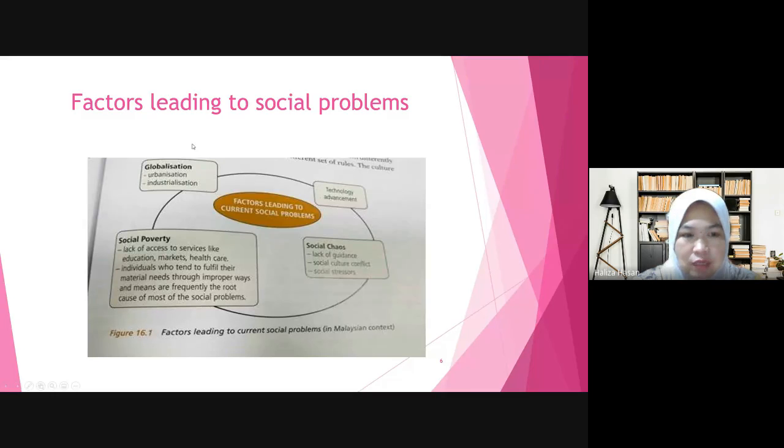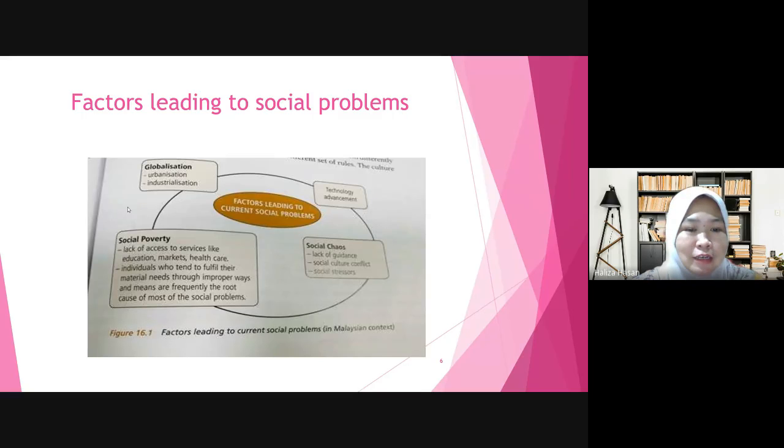So what are the factors leading to social problems? First, globalization, urbanization or industrialization. Urbanization, we can see in Malaysia, we have so many foreigners, either legal or illegal. For example, when you went to KL, to Jalan Masjid India, it's like you are in India.